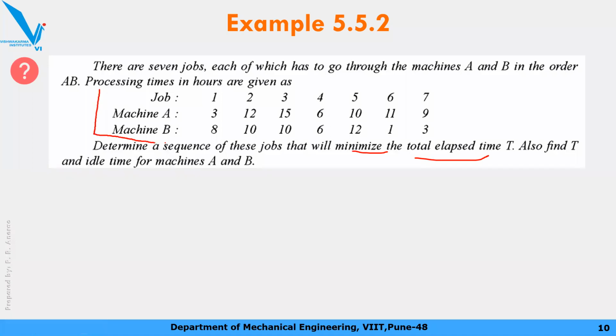This is the data for you. Let me know in the chat window what will be the answer for this question. Only tell me the sequence, 1 to 2, 2 to 3, and this way. Side by side, I'll try to prepare that job sequence chart.